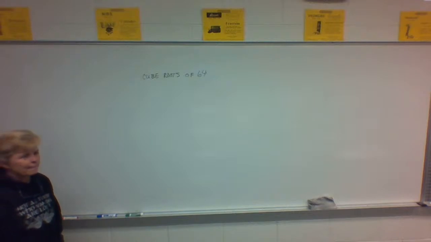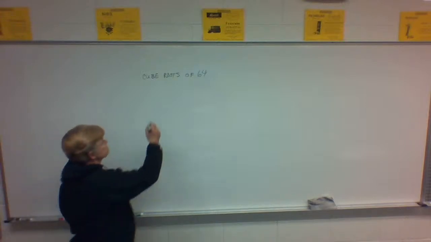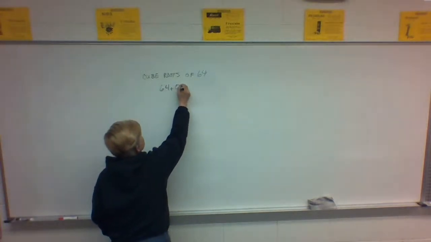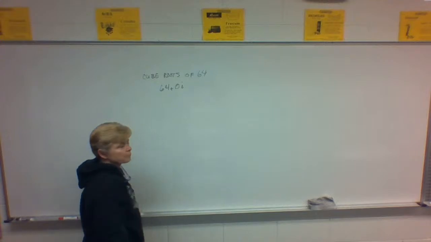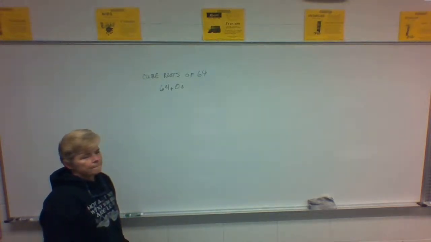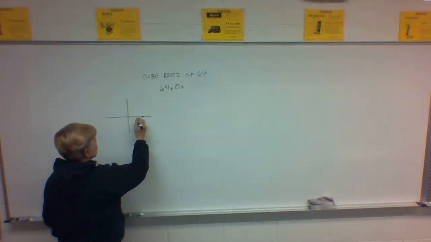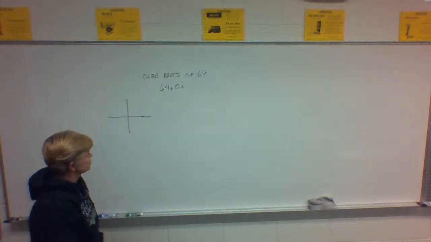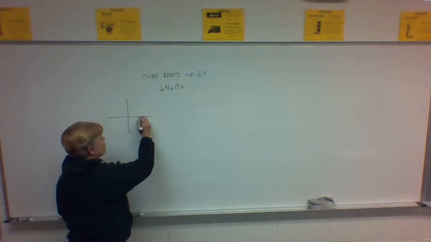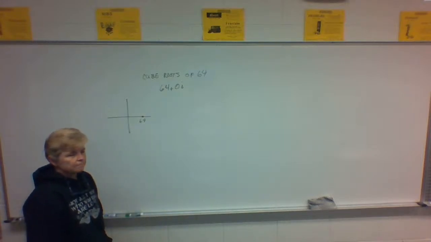What should we do first? Writing that in A plus BI form. Okay. Now what? You should graph it on a real imaginary grid. That's out at 64. Right?